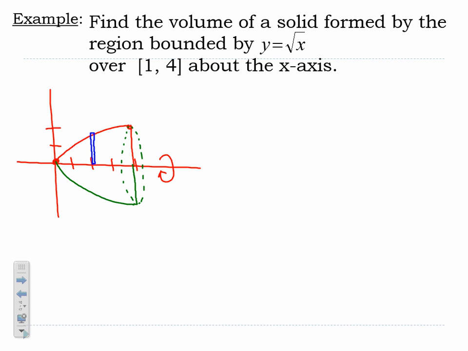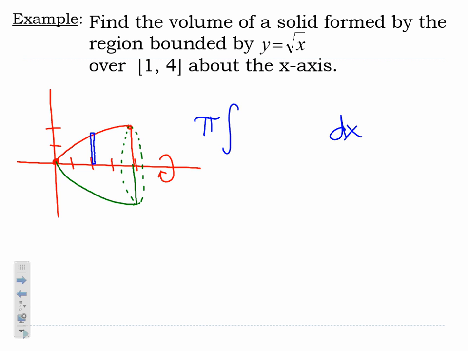So when we find the volume of this, first of all, our rectangles have thickness dx, so we're integrating with respect to x. So pi r squared h. What is our radius?